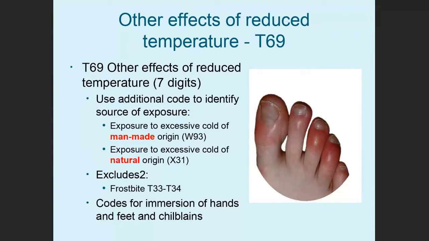This category has an additional code note to use additional code to identify source of exposure. And then we have man-made origin and natural origin, just like we have with T68. And there's also still that excludes note reminding you that you can code T69 and frostbite.